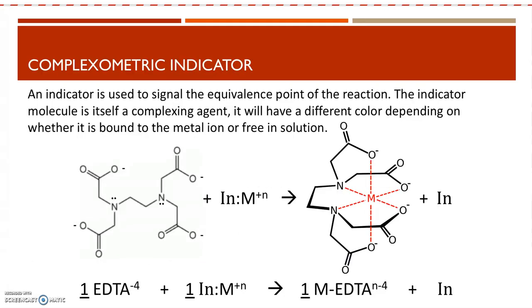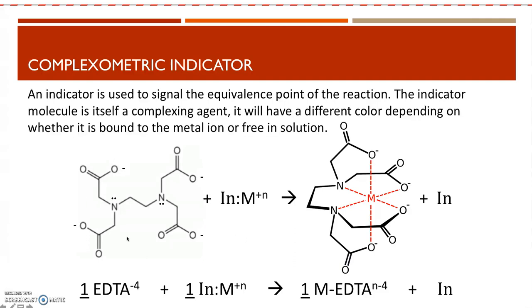Now, the indicator for a complexometric reaction is itself a complexing agent. Just like in an acid-base reaction, the indicator was an acid that changed color depending on whether it was ionized or unionized. In this case, your indicator is a complexing agent that has a different color depending on whether it is bound to the metal ion or free in solution.